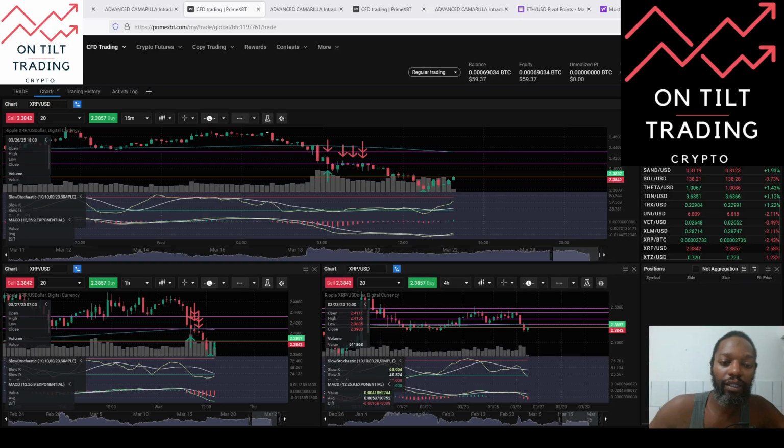On the 60-minute, Ripple hadn't broken out below the S4 level. It was still holding the S4 level here, and I believe the actual entry was here, and then my stop out was in the next candle, because as soon as I entered, it immediately sold off.